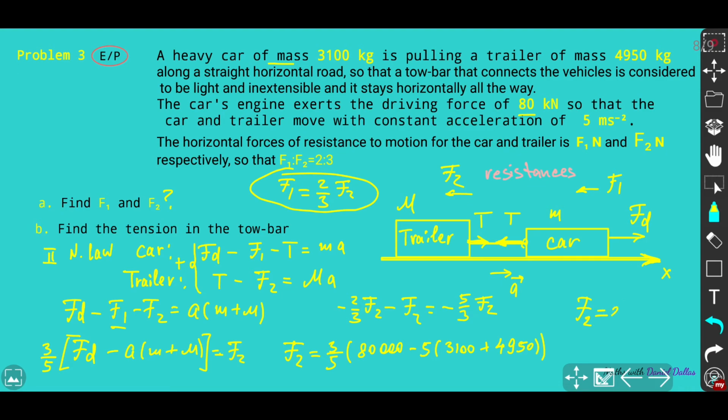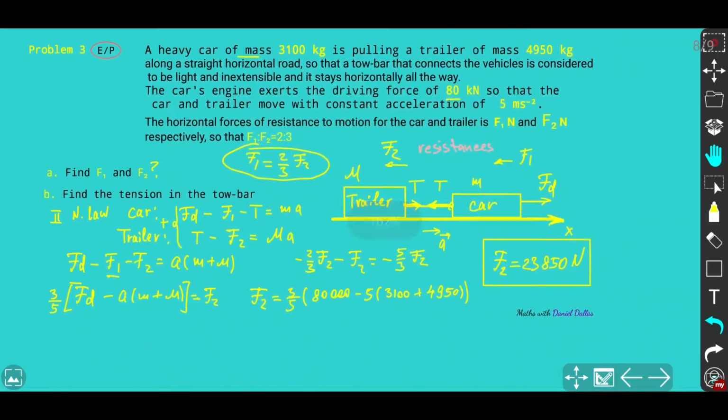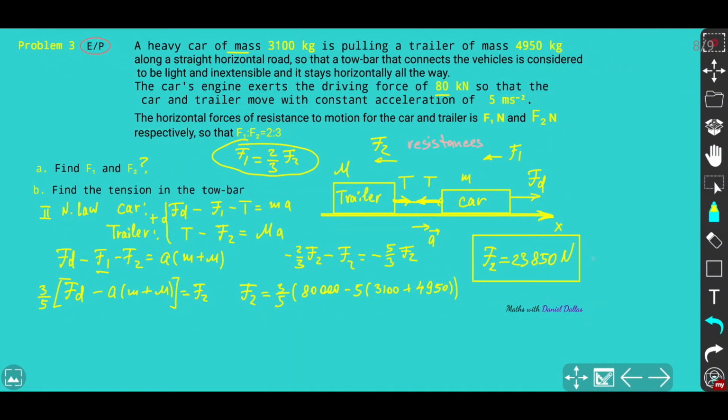This is the expression for F2. All right, so it's time to say that F1 is going to be equal to 2/3 of F2, and if we calculate, we'll get 15,900, and that's going to be F1. Of course, it should be lower because it's part of F2.